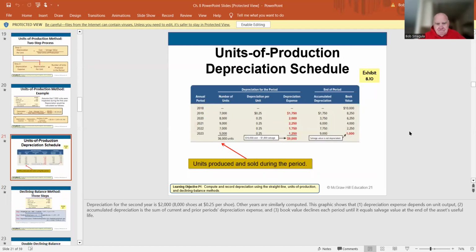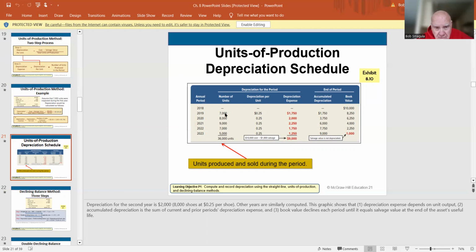And let's take a look at it. These are the units actually produced. And they're going to depreciate this thing up to 36,000. They can't go above 36,000. So again, you have the 10,000, the original cost of the asset, and the depreciable amount was based on the 9,000. 9,000 over 36,000 units gave us 25 cents per unit.